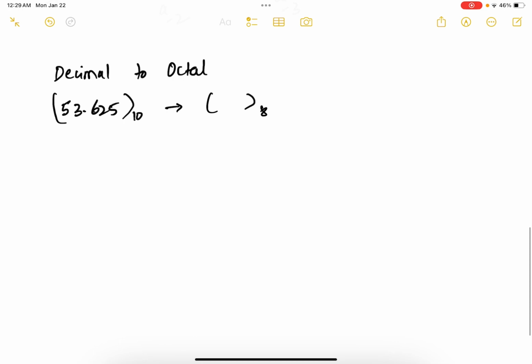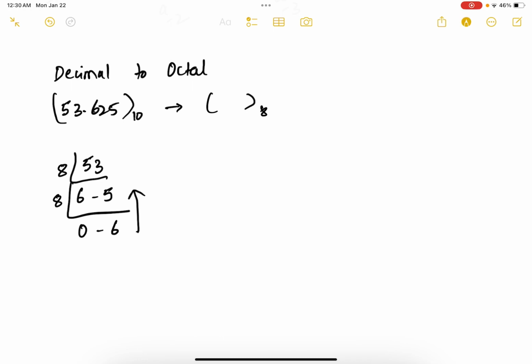So the process is similar to decimal to binary, except that now we deal with 8. So let's take the non-fractional part, 53 divided by 8, 8 6s are 48 with the remainder 5, 8 0s are 6, and we go from bottom to top, so that would be 65.